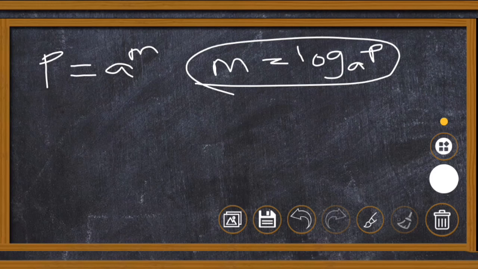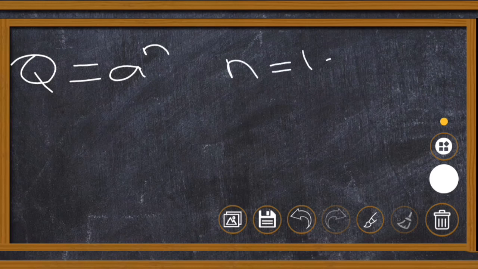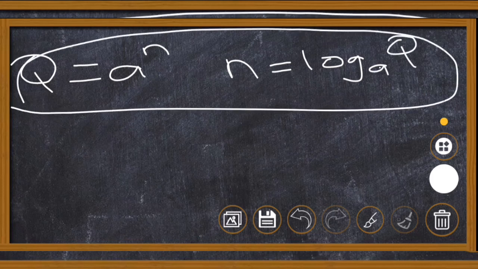This is how it comes about whenever we convert from exponential function into logarithm function. If we have, again, q equals a to the power n, you can even pause the video and try this one. How is this going to be in logarithm form? This is going to be n equals log base a of q. So these are the rules behind it.